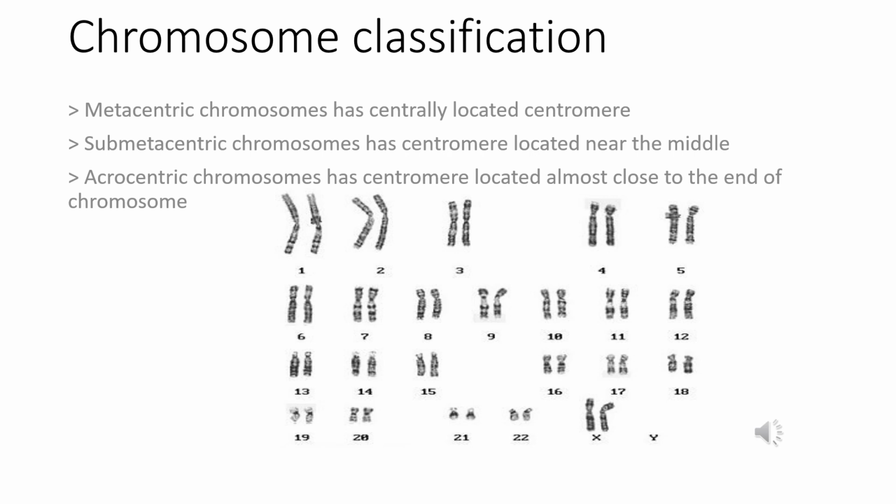Submetacentric chromosomes have slightly unequal arm lengths, for example, chromosomes 2, 4, 12, 17, 18, and the X chromosome. An acrocentric chromosome is a chromosome where the centromere is located almost close to the end of the chromosome. For example, chromosomes 13, 14, 15, 21, and 22.